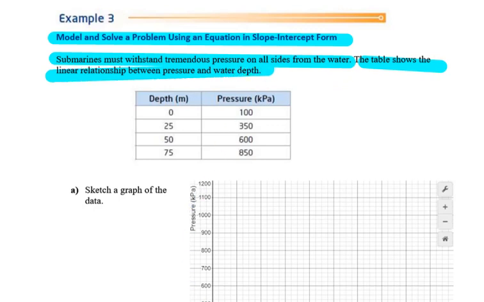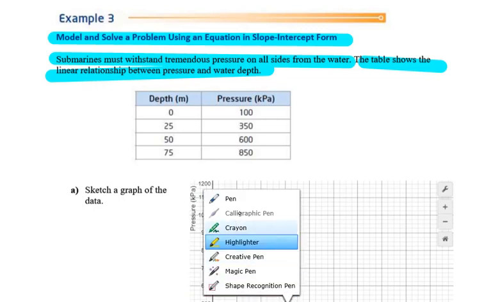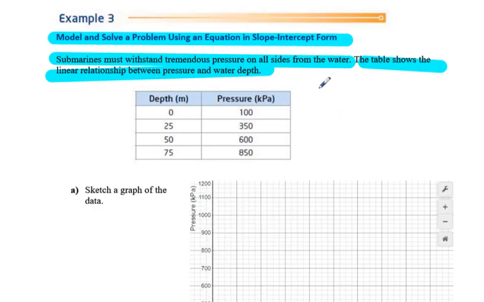Now, in your science, you may have figured out the units for pressure. So at a depth of 0 meters, that's on the surface of the Earth, air pressure is about 100 kilopascals. Now, if you're filling up tires with air, 100 kilopascals is about the same as 15 psi, approximately.